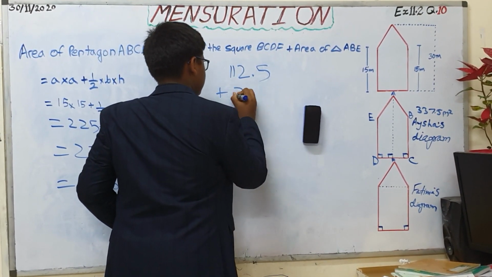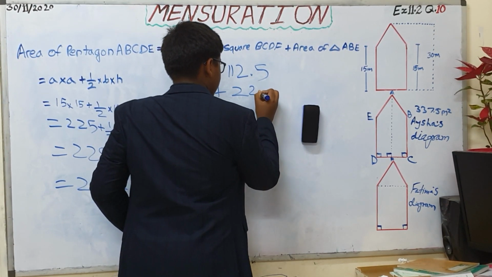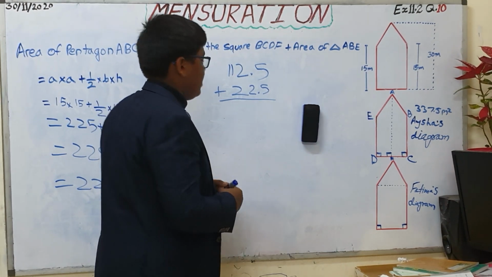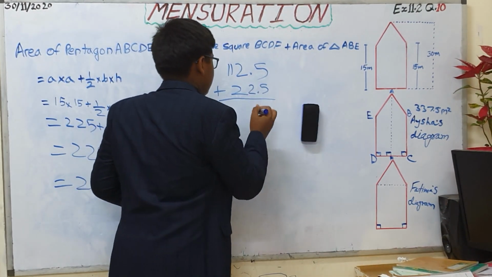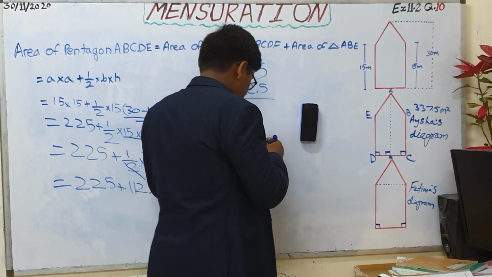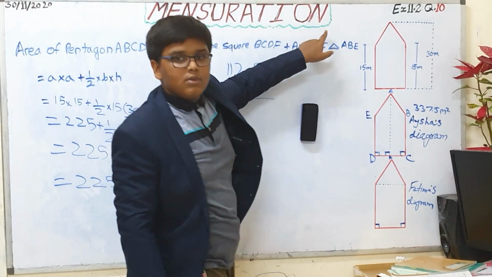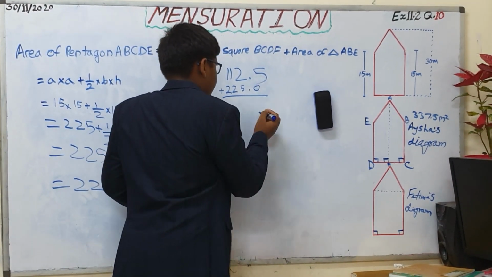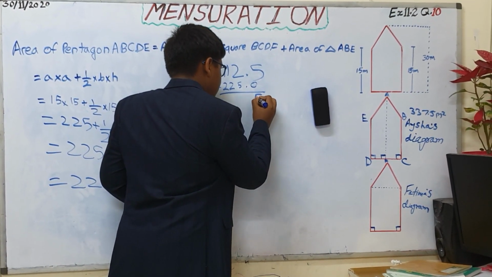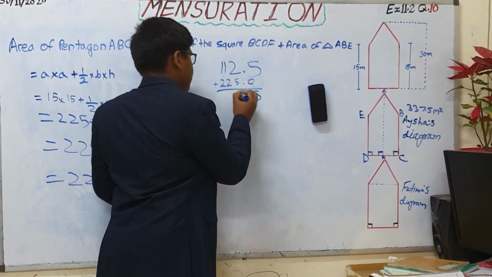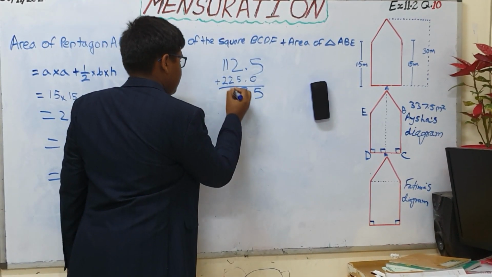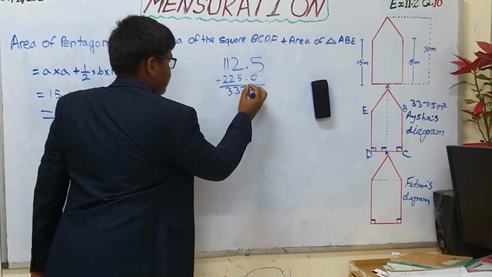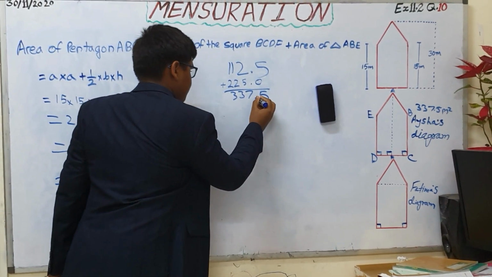Okay, so we are continuing. So 5 plus 0 is 5. Then 2 plus 5 is 7. Then 1 plus 2 is 3, and again 1 plus 2 is 3. So we got the answer. Now there is only one place after the point, so we put the point after this.